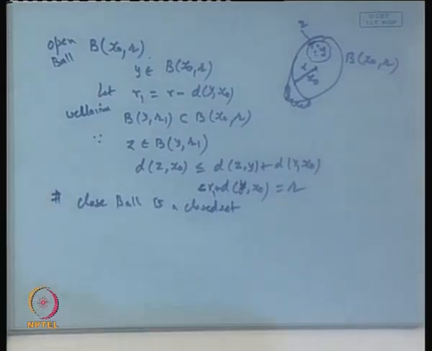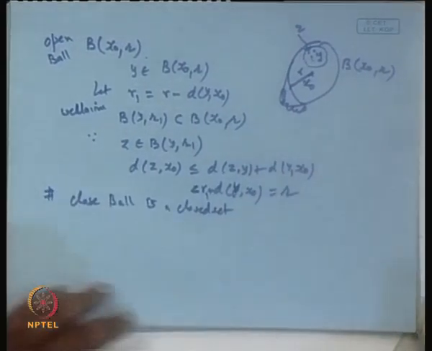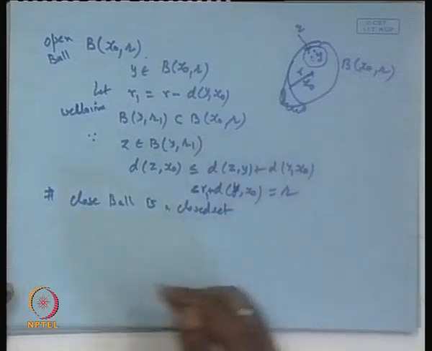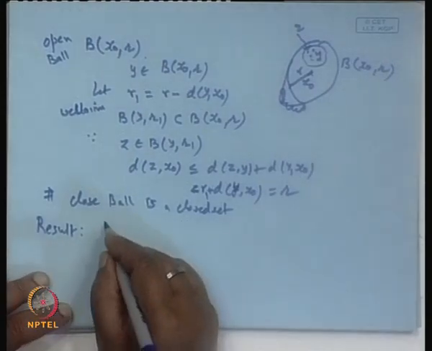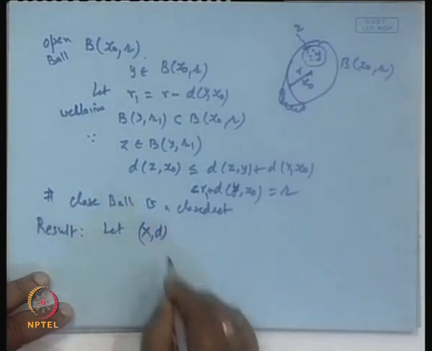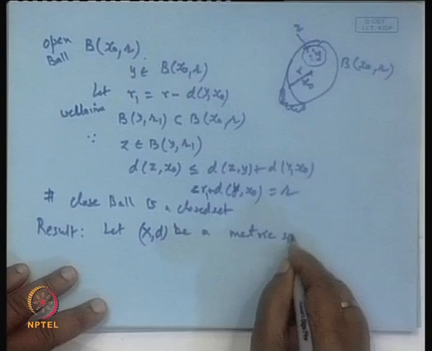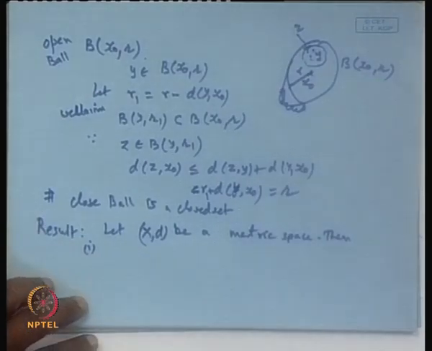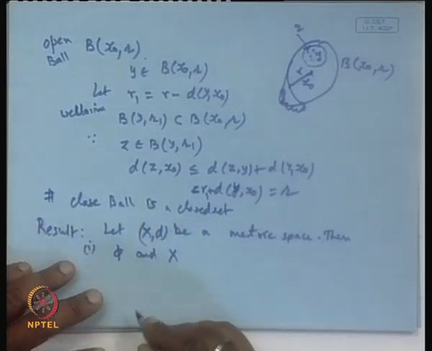Now, we go for some results again. Suppose (X, d) is a metric space. Then the following results hold: first, the empty set phi and the entire space X are open.